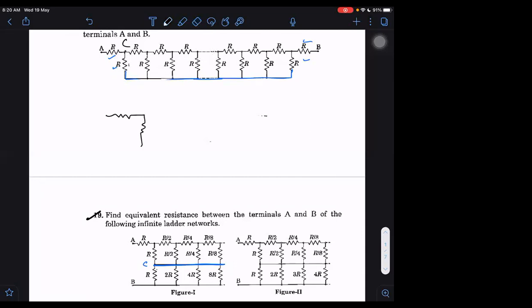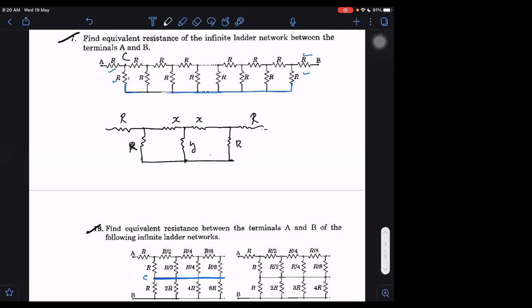That is true. We can do like this here. R, and here let us say X, Y. Sir, why did you write like that?